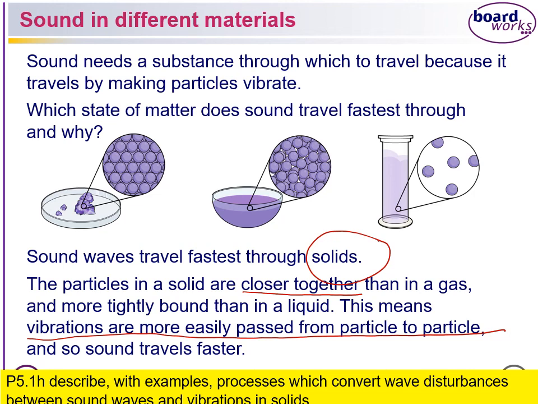These are the key words in your answer. Please don't miss those key words when they ask you why sound travels the fastest through solids. The particles are closer together and bound tightly, so the vibrations can be passed more easily from one particle to another. So these are the things you need to know about sound waves.